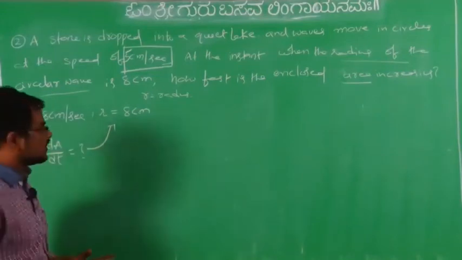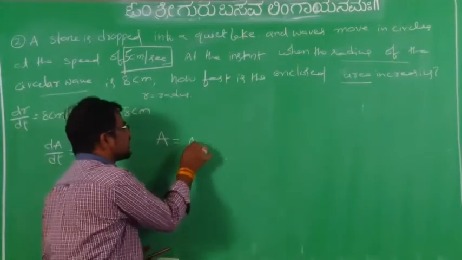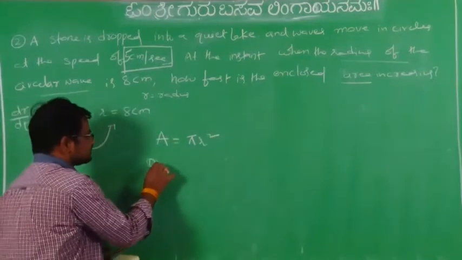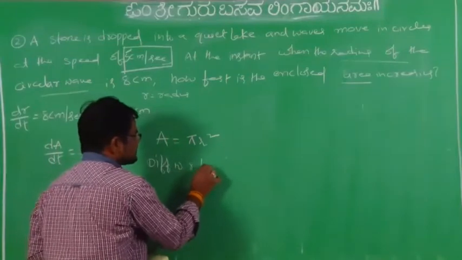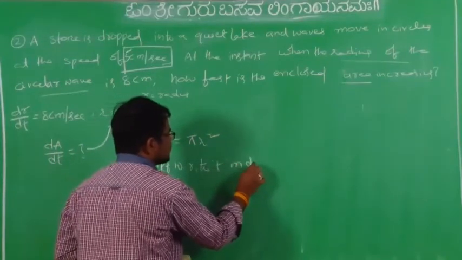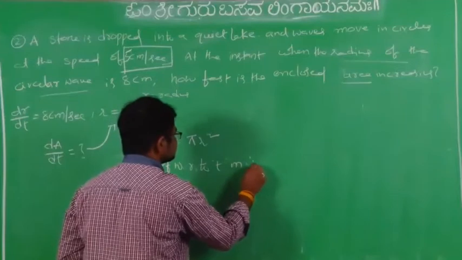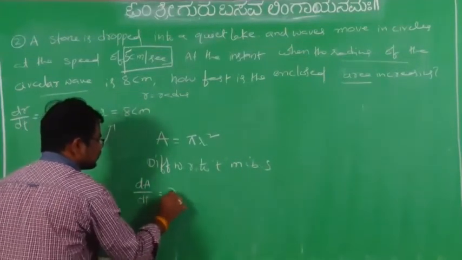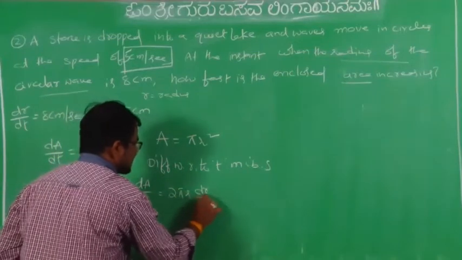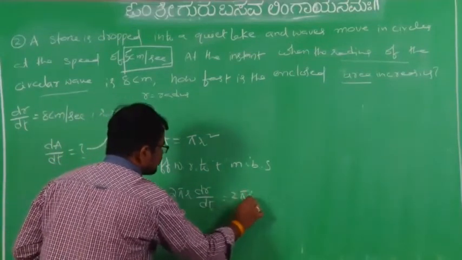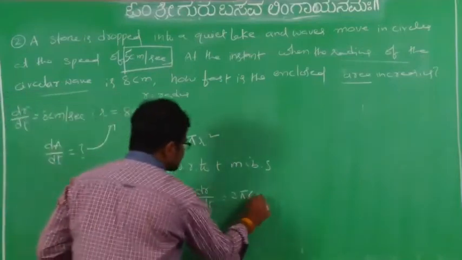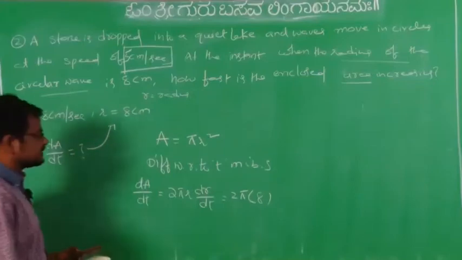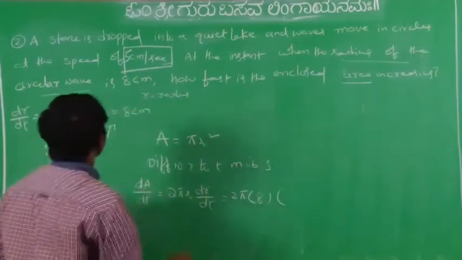Understood or not? Now this A equal to pi r square. So differentiating with respect to t on both the sides, dA by dt equal to 2 pi r dr by dt, that is equal to 2 pi, r is 8, and dr by dt is what?